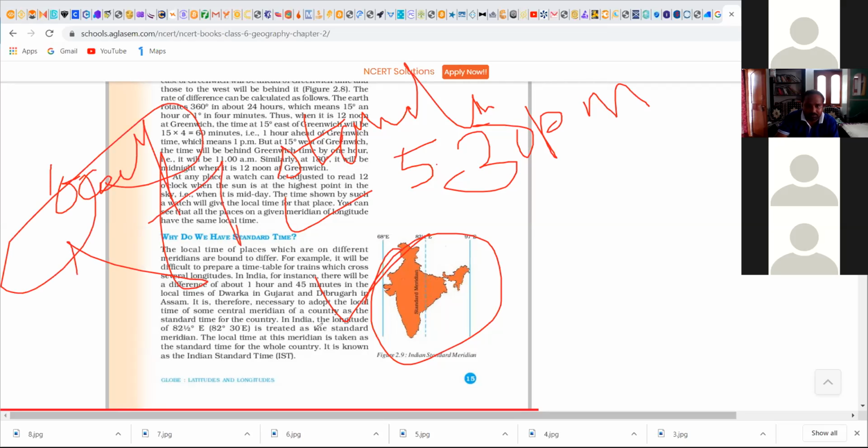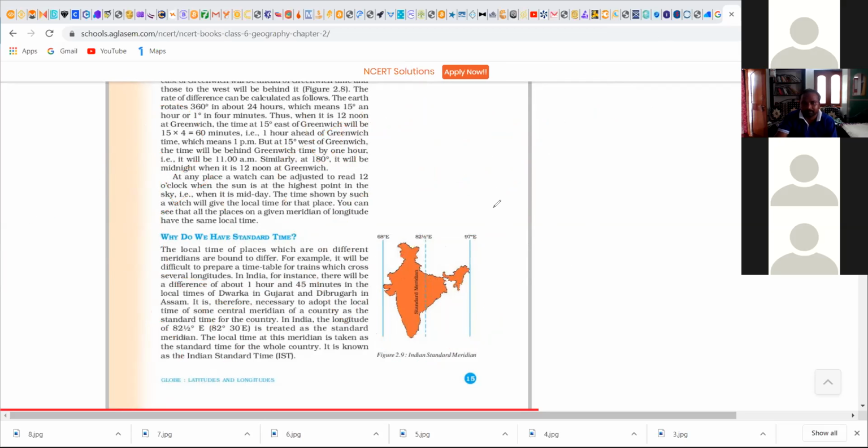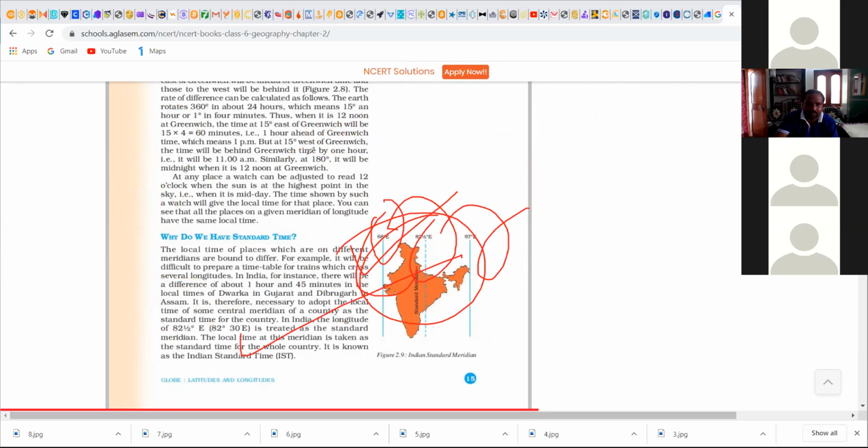Local time is Greenwich time, and the standard time is also called IST. Two times are there. India is located in between these longitudes. Just remember these longitudes, that is enough.